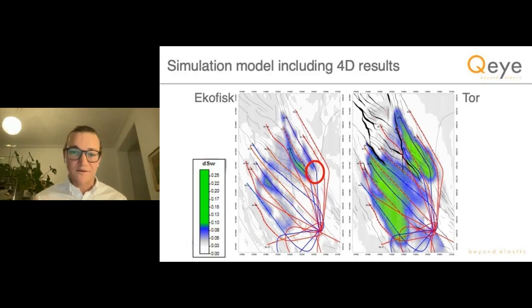After incorporating the change in water saturation volumes, we can see that a lot of changes are occurring, but in particular, that strong anomaly located in the Ekofisk is now no longer being modeled. That was validated by well results, where they drilled an infill well in the Ekofisk to try to extract more hydrocarbon from that interval.